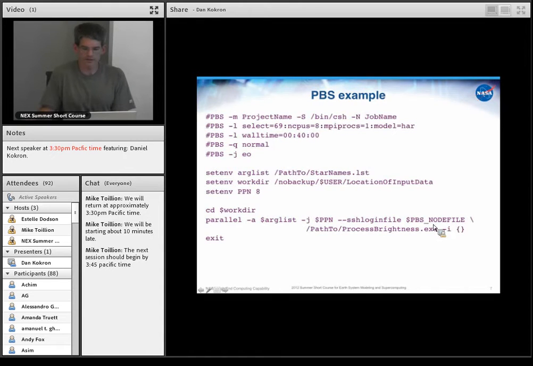And of course we give it a path to the executable, and the curly braces are filled in, and presumably this will run 69 times faster than if you did it on one node. And this is of course important if you have 100,000 things you want to do.